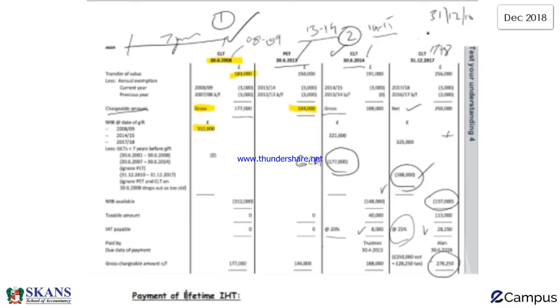So for instance, if this client would make any CLT after this date, and you will be considering what are the chargeable transfers made in previous 7 years, you would not be considering 250 for this transfer, you would be considering 278,250. And this is how we do lifetime calculations on lifetime transfers.